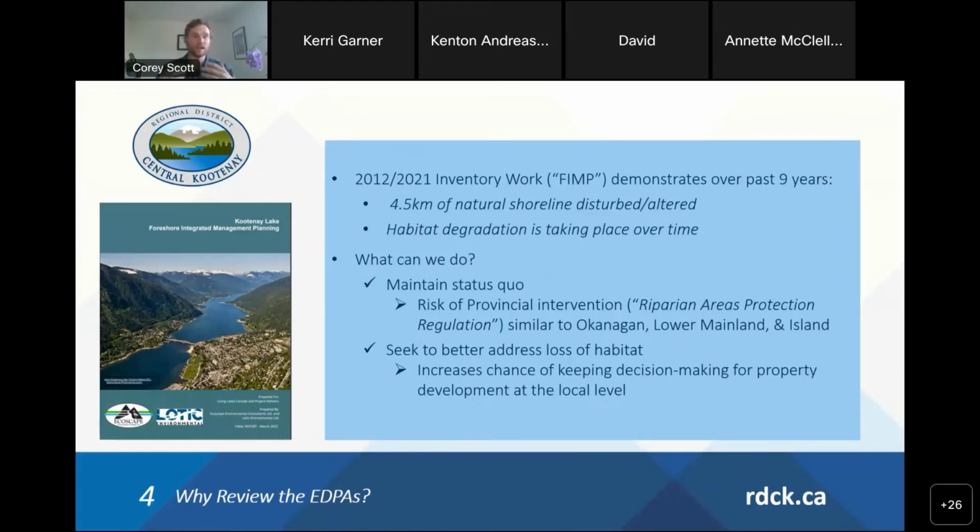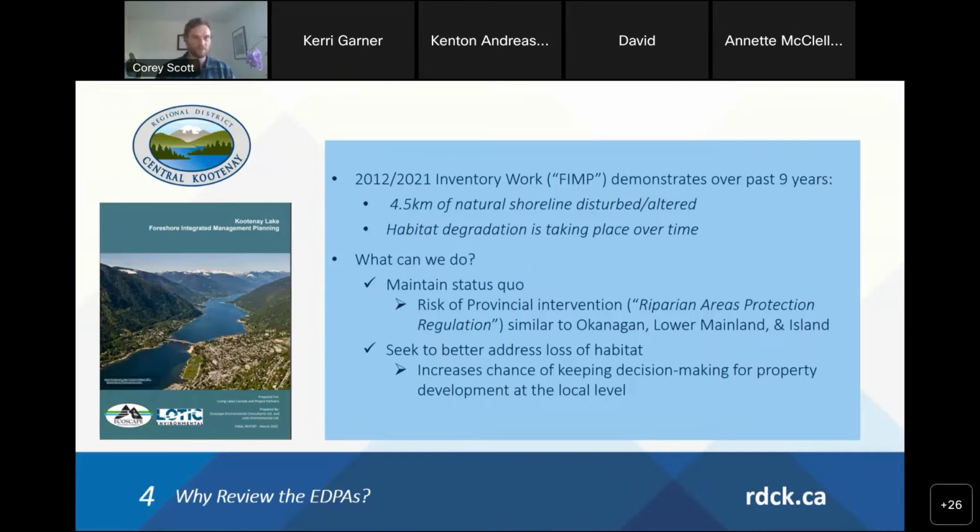And this is something that happened in the early 2000s in the Okanagan, Columbia Shuswap, Thompson-Nicola, the Lower Mainland, and the island because of the development pressure that was being experienced there. So that's not to say that that's something that will happen, but there's certainly potential for it in the future.